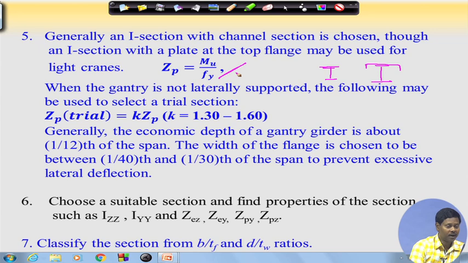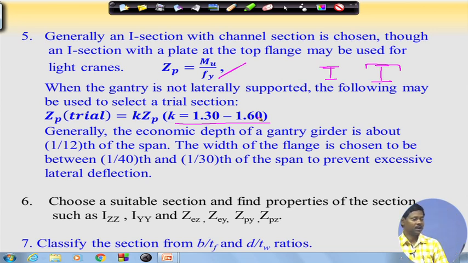However, this is true for a laterally supported beam, but if it is not laterally supported, then we can increase it by a certain factor. In the case of a laterally unsupported beam, I have discussed earlier that we have to increase the required ZP by a certain percentage, so that the lateral torsional buckling effect can be taken into consideration, right.